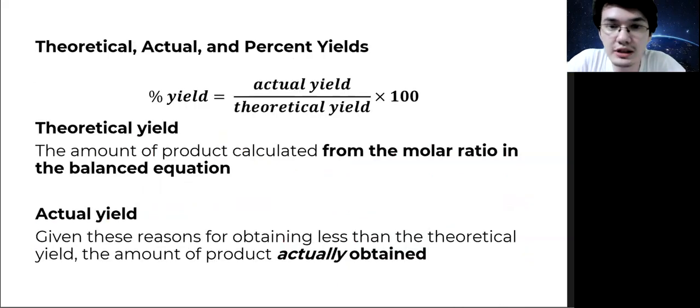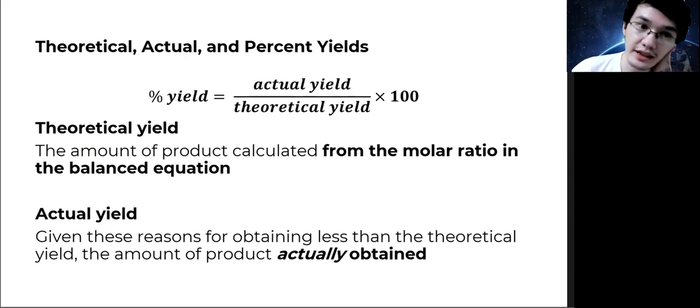So now we proceed with the theoretical, actual, and percent yields. The formula for percent yield is just the quotient of the actual yield divided by the theoretical yield times 100. The theoretical yield is the amount of product from the molar ratio of the balanced equation.